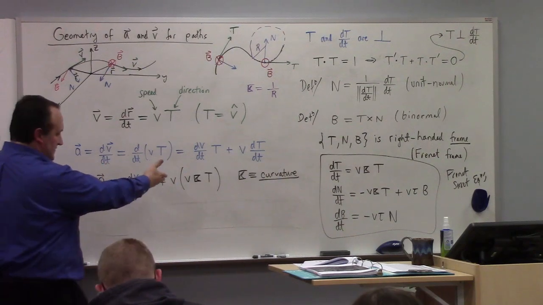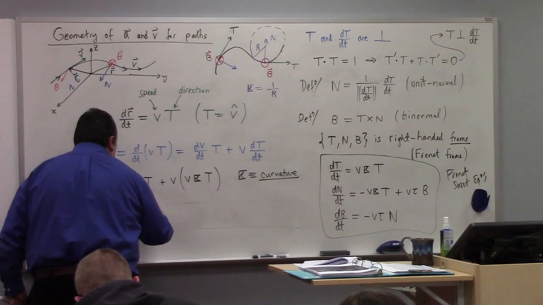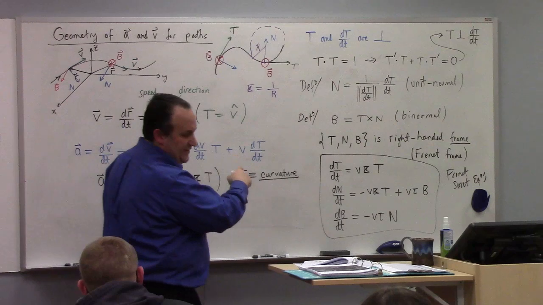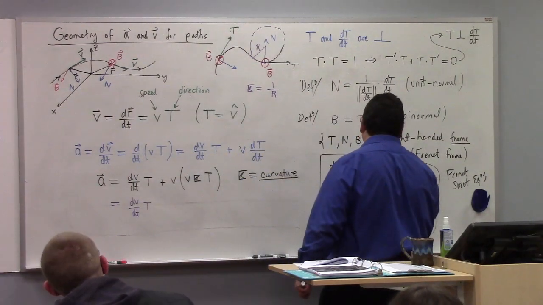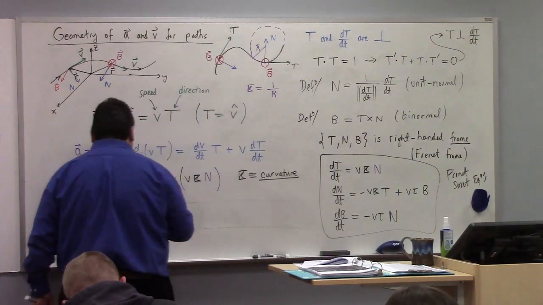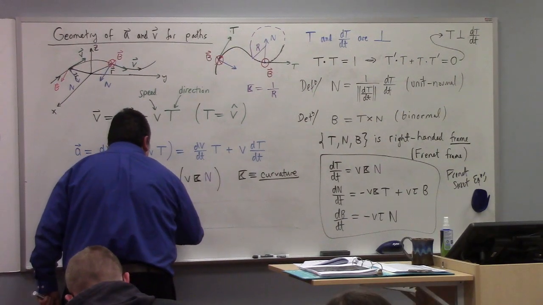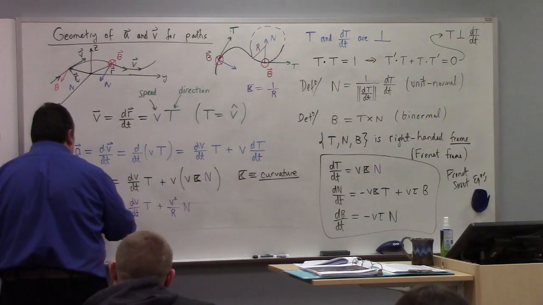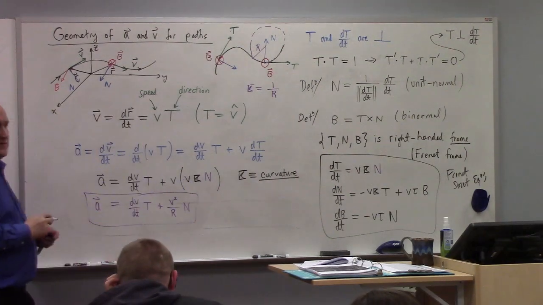And so what this says is that the acceleration, I'm actually getting to something here, guys, believe it or not. Oh man, I typed that down wrong. That's supposed to be an n. My notes have an n here. That's important. The reason that's important is now we have plus v squared over the radius of curvature times n. And that is a formula for the acceleration that breaks it into two pieces.